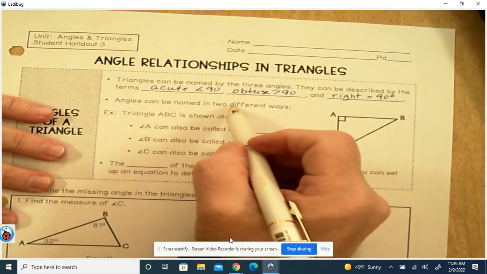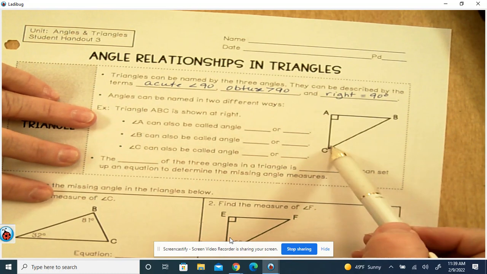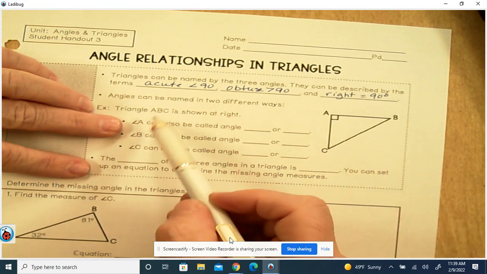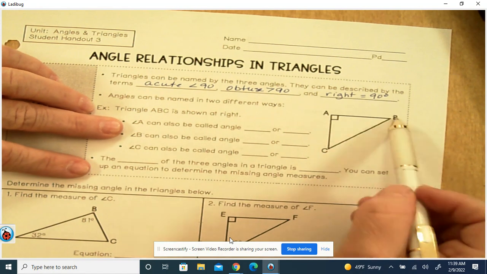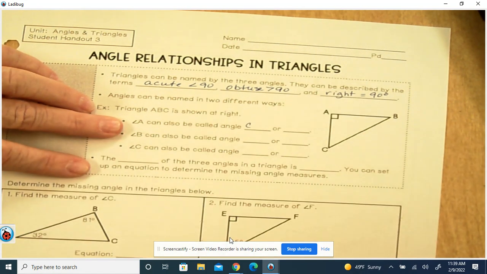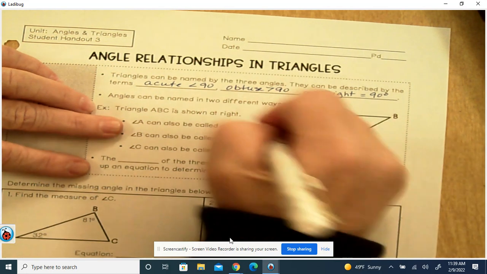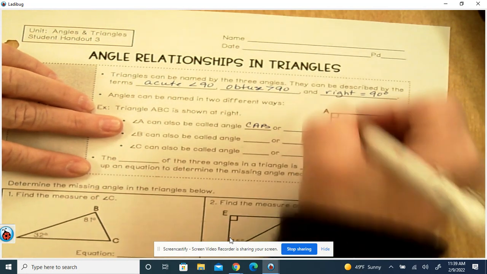All right, angles can be named in two different ways. So we have triangle ABC shown at the right. Angle A can also be called CAB, because the A is in the middle, or BAC.